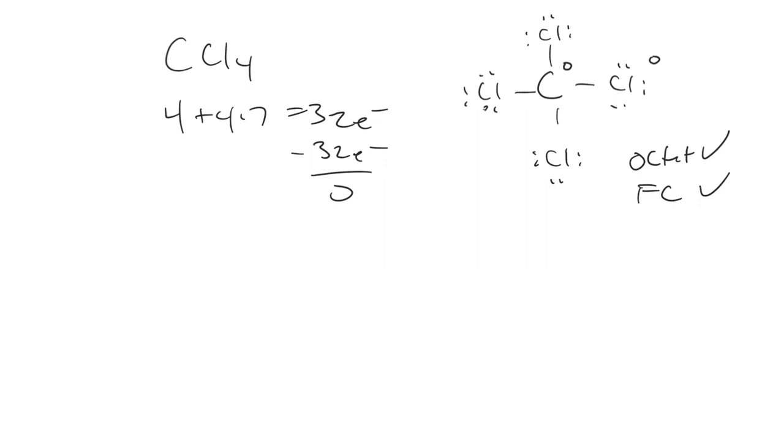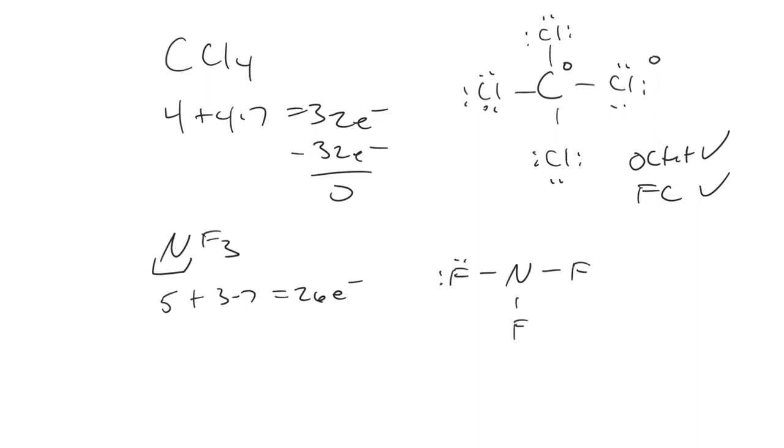One of the other molecules was NF3, which is kind of like BF3 in a way, just where nitrogen has 2 more electrons. So we have 5 plus 3 times 7 for 26 electrons. So this is the case where we get to the same type of Lewis structure we had for BF3, but where we have 2 more electrons.